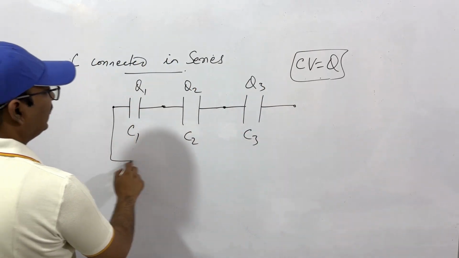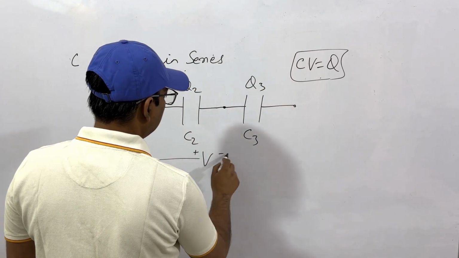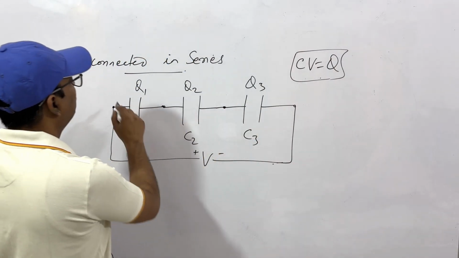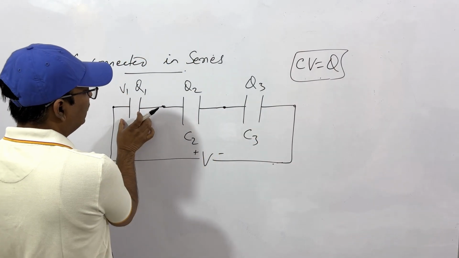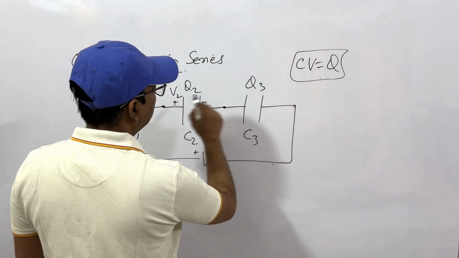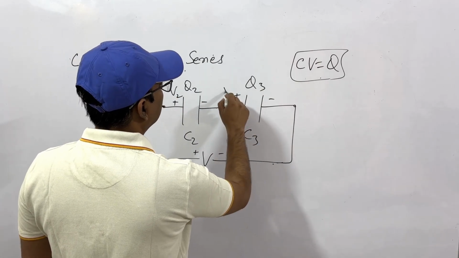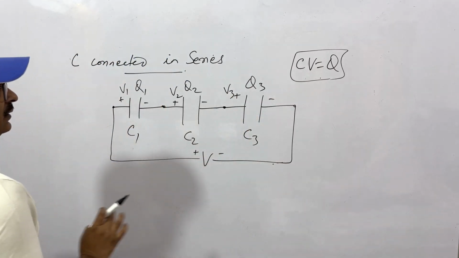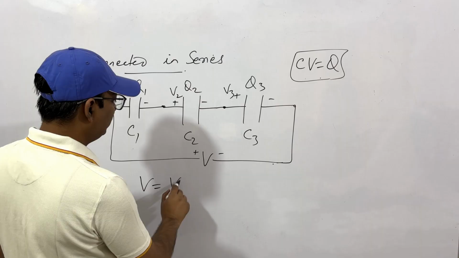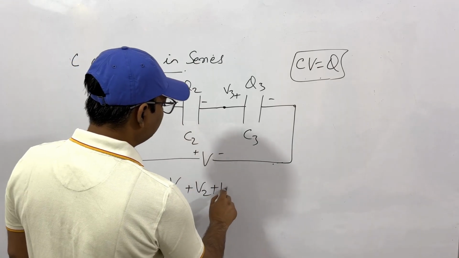Now, if we apply a voltage V across it, if V is applied across this, then let's say V1 is developed across C1, V2 across C2, and V3 across this. Okay, clear? This plus this plus this. Now we know that V will be equal to V1 plus V2 plus V3.